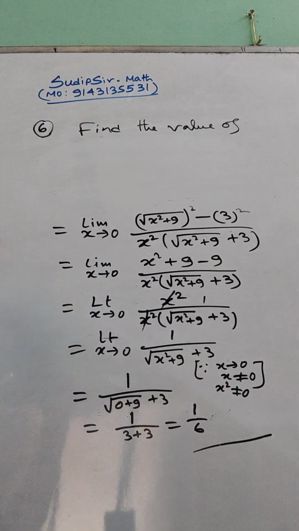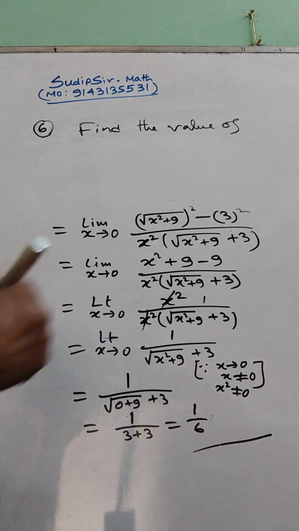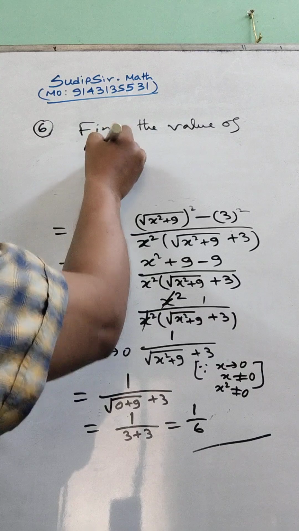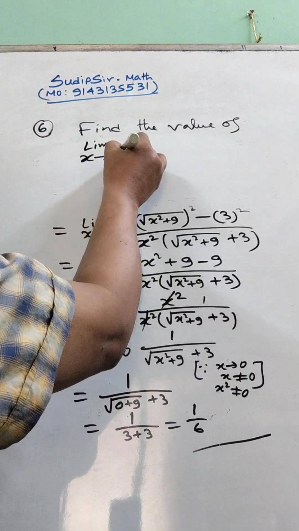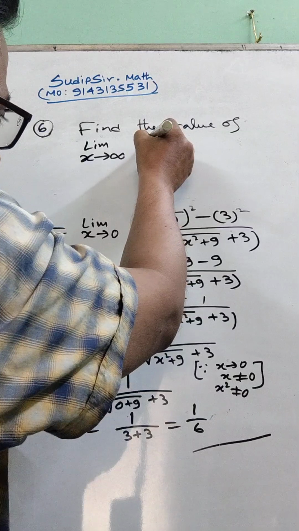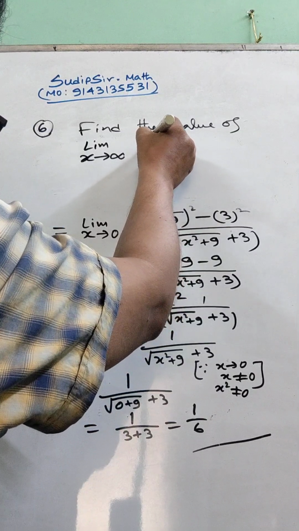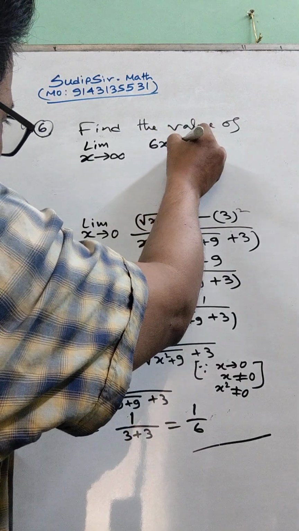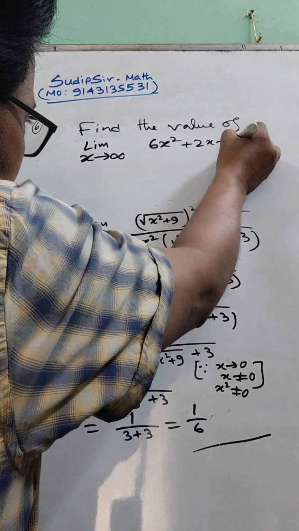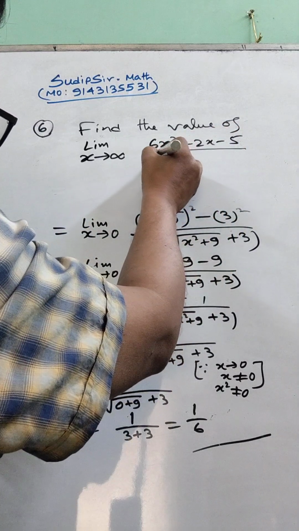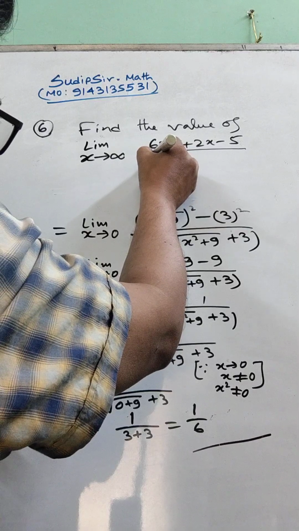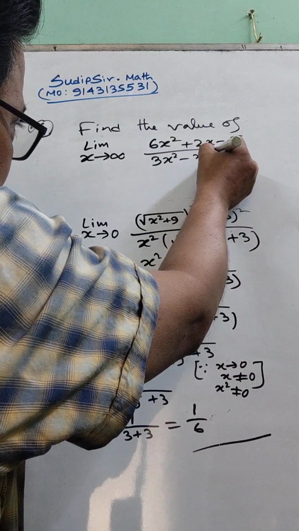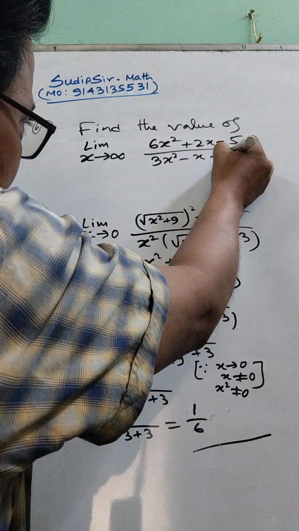Find the value of limit x tends to infinity of 6x square plus 2x minus 5 by 3x squared minus x plus 7.